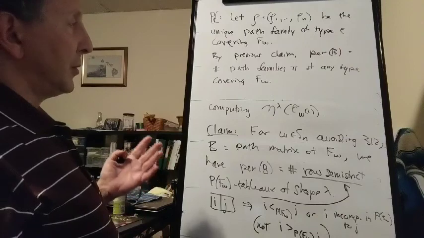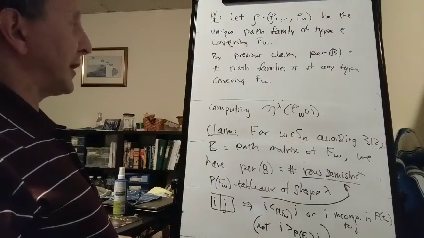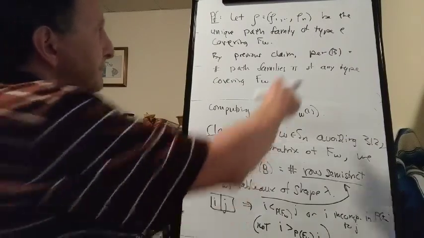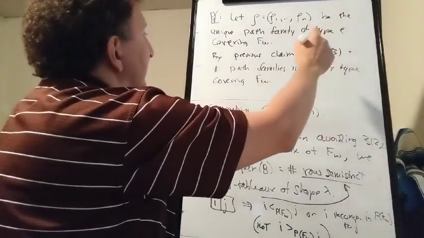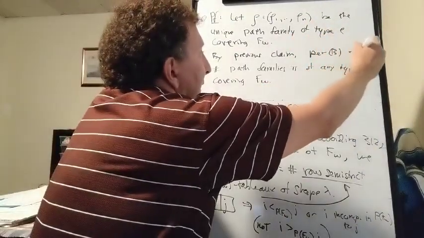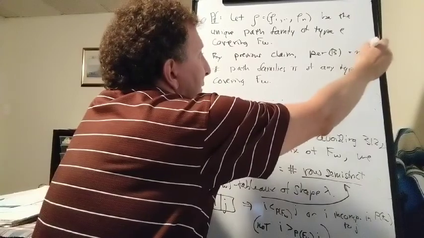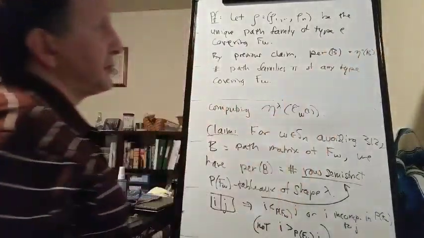Now we said row closed, left row strict, but permanent is eta n of B. So we're looking at a tableau of shape n.